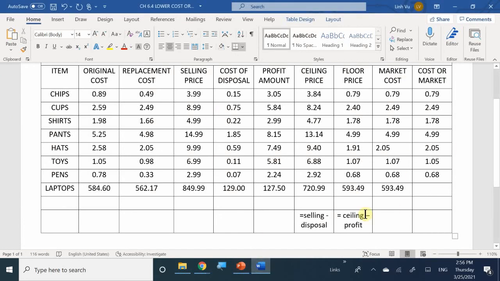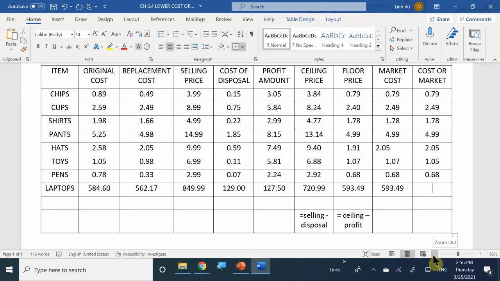So now that we got our market, what is going to be lower, my original cost or my market? The lowest price would be the market cost.